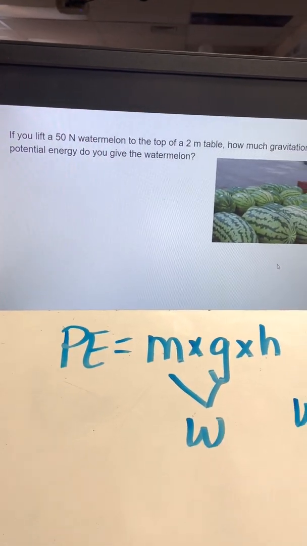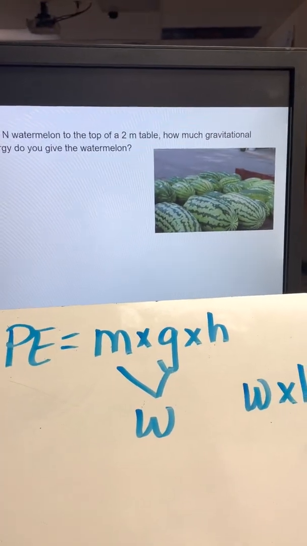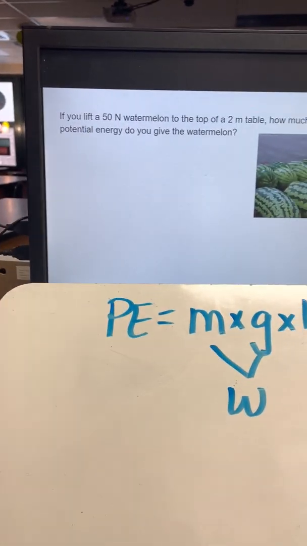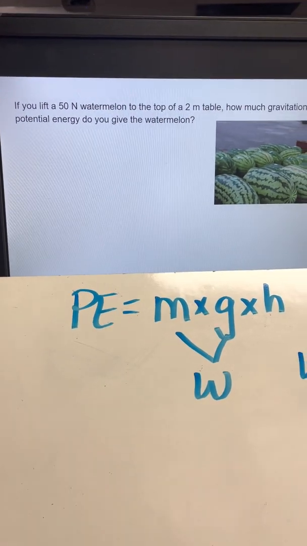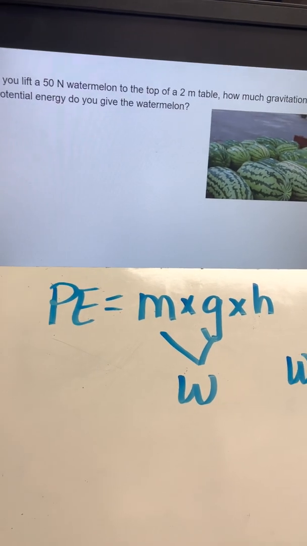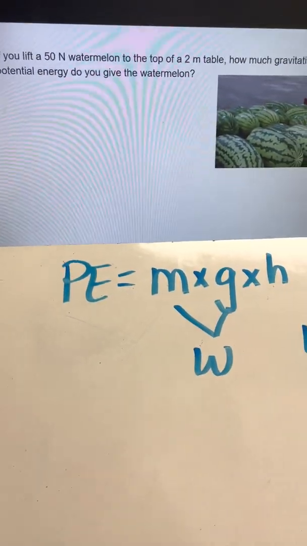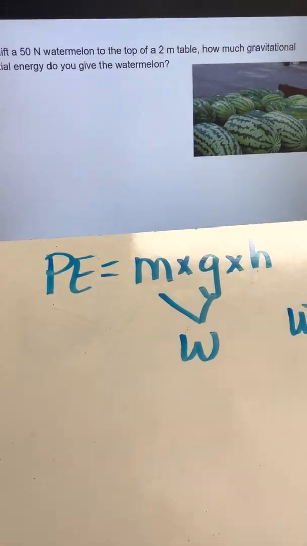If you lift a 50 Newton watermelon to the top of a 2-meter table, how much gravitational potential energy do you give the watermelon? If we're lifting this watermelon off the ground to the top of the table, how much potential energy will it have?